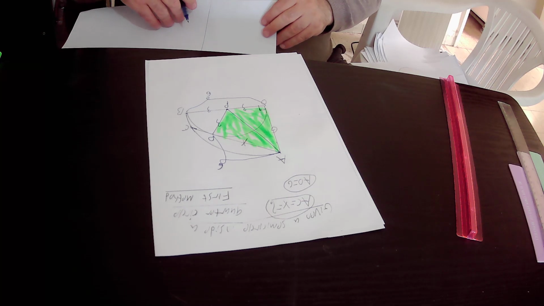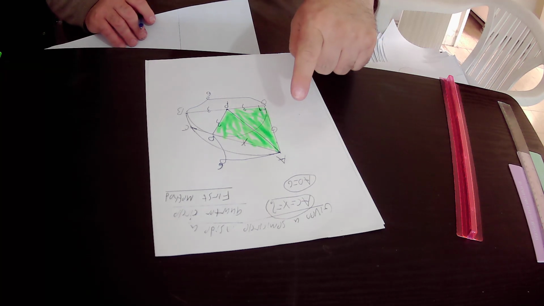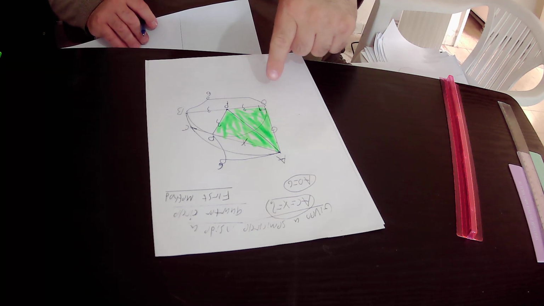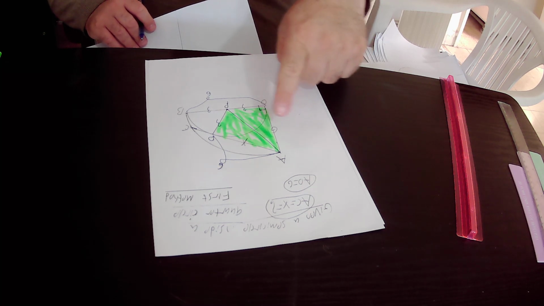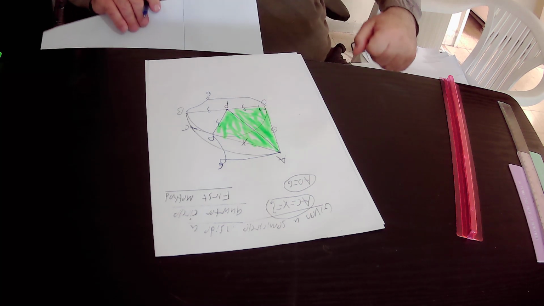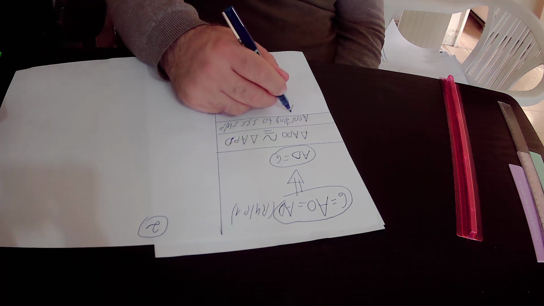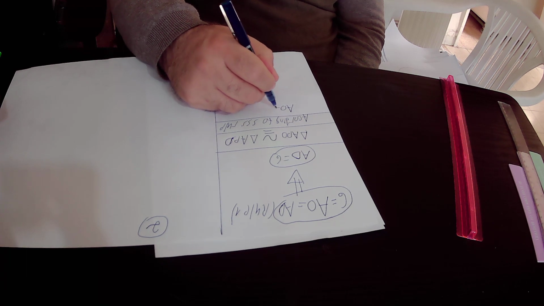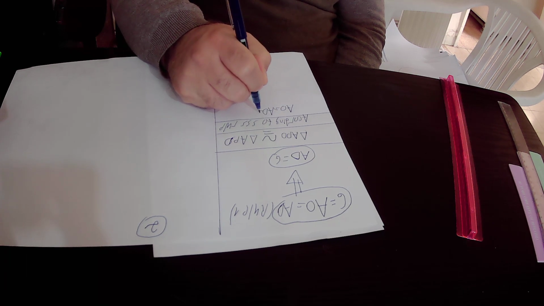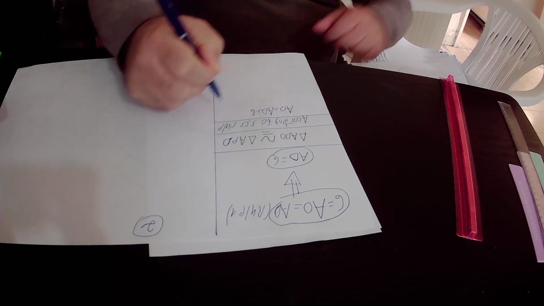So, first of all, side AO equals side AD, they are both equal to 6 units according to rule number 1.